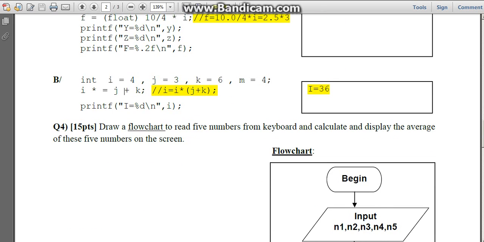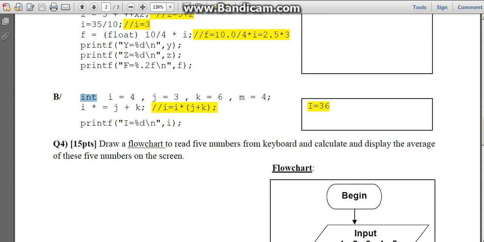Now let's see here, they mention enter the first integer, which is 4, 3, 6, 4. I is 4, multiply and equal. What does this mean? It means here that i is equal to i multiplied by this one, exactly the same way as here.